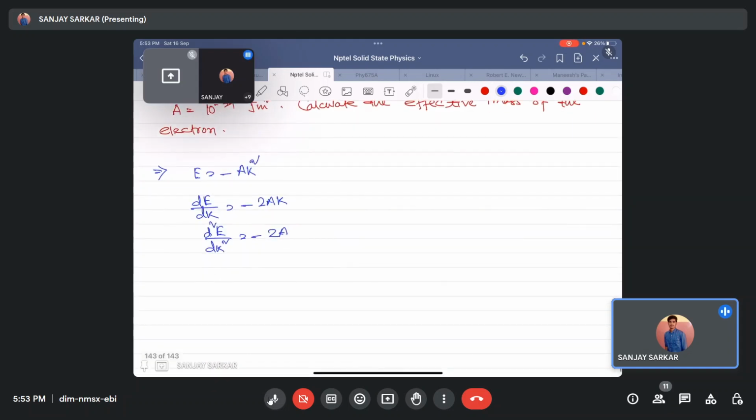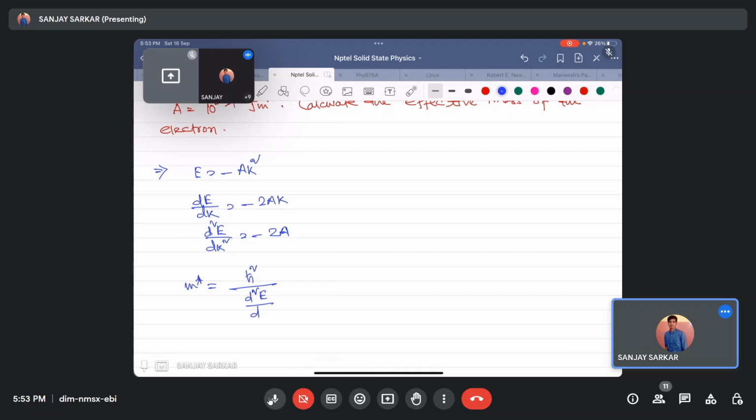Then what will be the effective mass? M star will be h bar square by d2E by dk2. Then you will get minus h bar square by 2a.